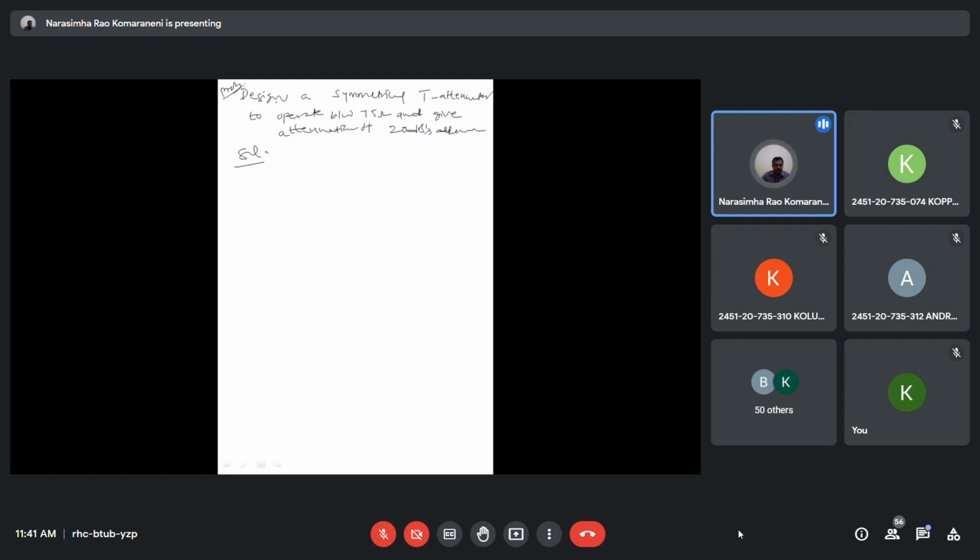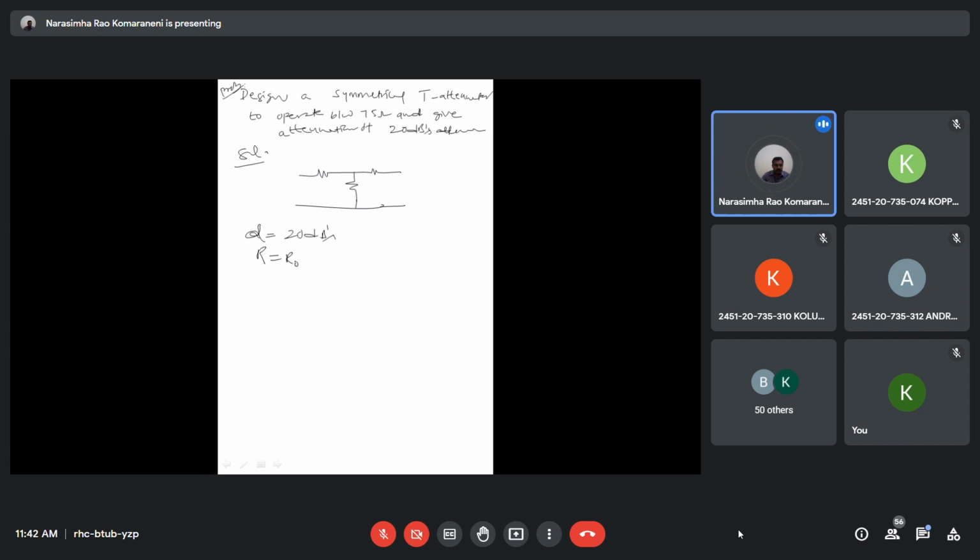This is the given problem. Now we need to design one attenuator circuit. That circuit should produce an attenuation of 20 decibels. Here attenuation is denoted by alpha. Alpha equals 20 decibels, and the terminating impedance, that is the characteristic impedance, is given as R equal to R0 equal to 75 ohms.